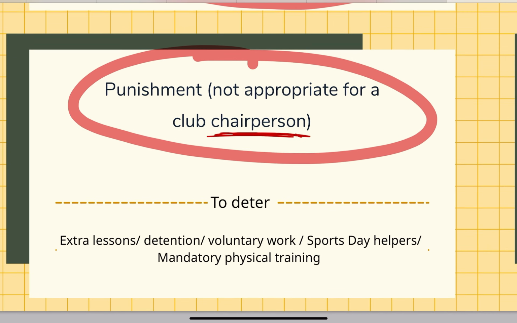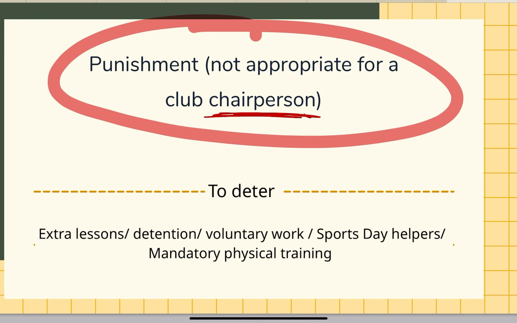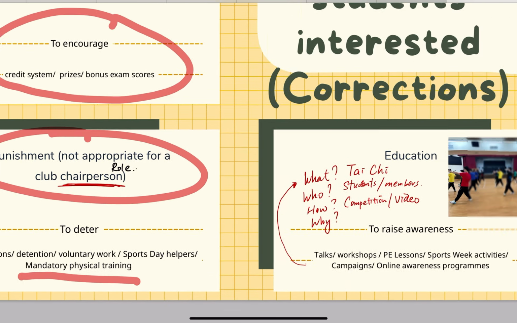Or punishment, which are, for example, detention class or being a sports day helper or doing mandatory physical training. However, we have to be careful because as our role is the chairperson, punishment seems not appropriate in this case, because a chairperson should not be punishing students of our school.